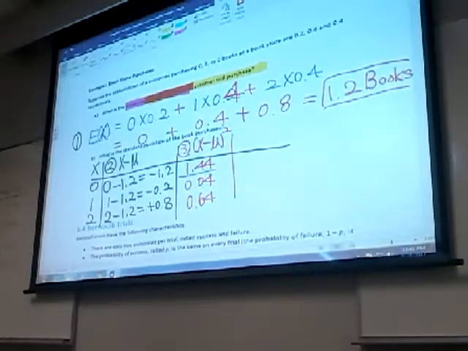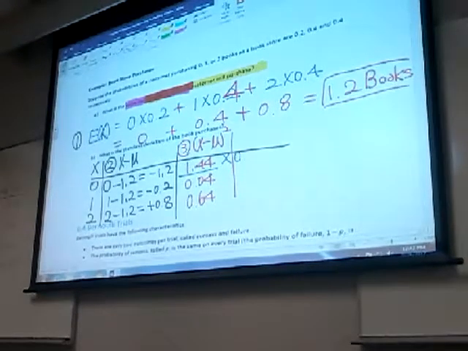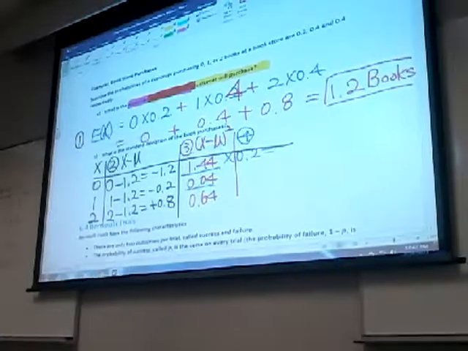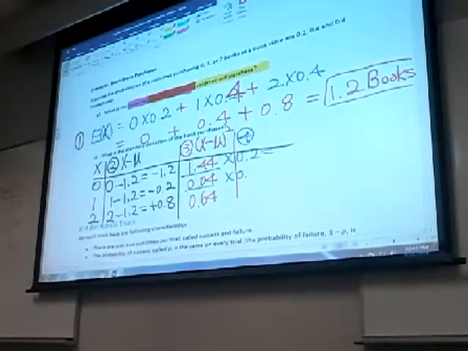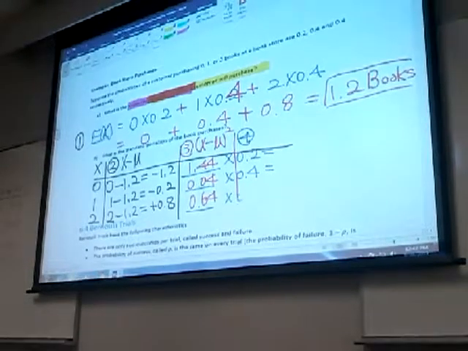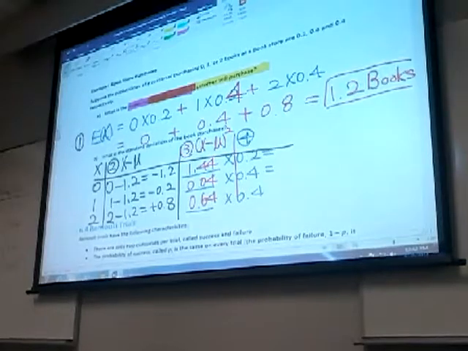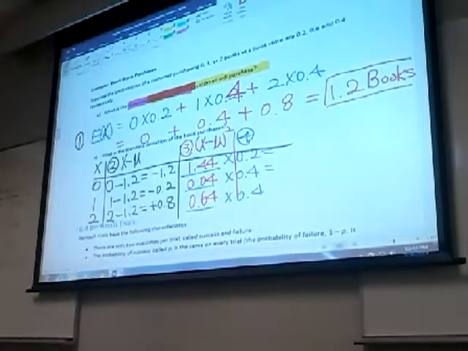So 1.44 times 0.2, 0.04 times 0.4, 0.64 times 0.4. How much will be 1.44 times 0.2?